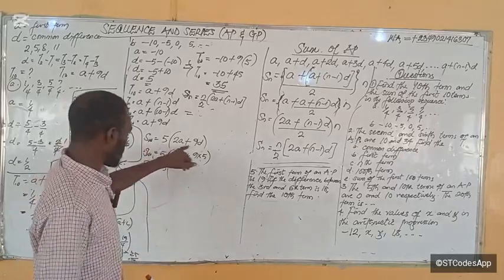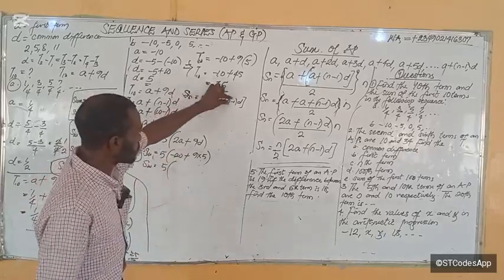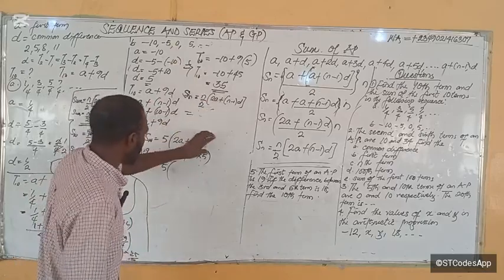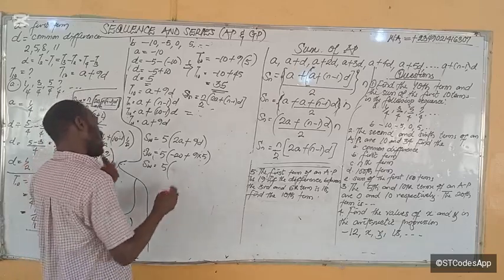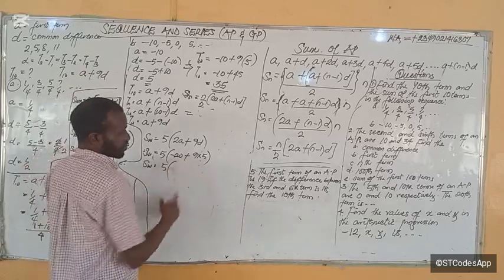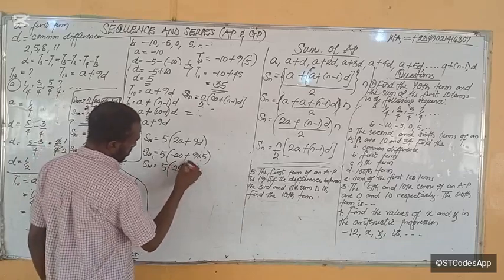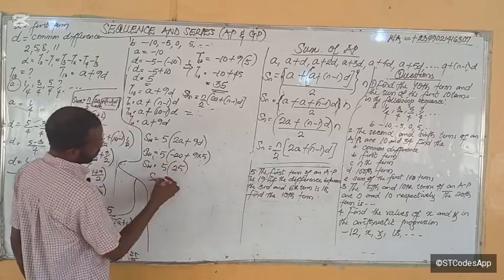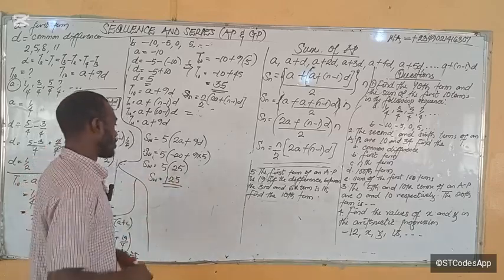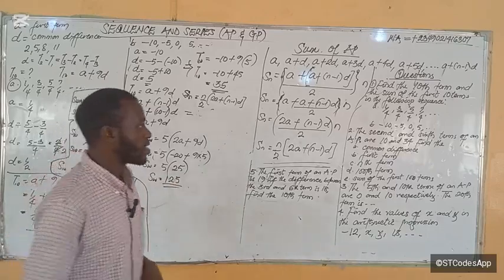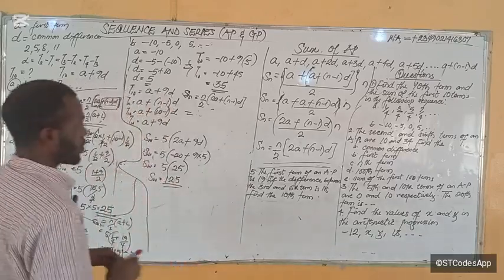What I did to get this expression was to put 10 here, put 10 here, to simplify the equation to this. So minus 20 plus 45, that's 25, so that S10 becomes 125. All right. Yes, 125. So now let's go to the number 2 question.